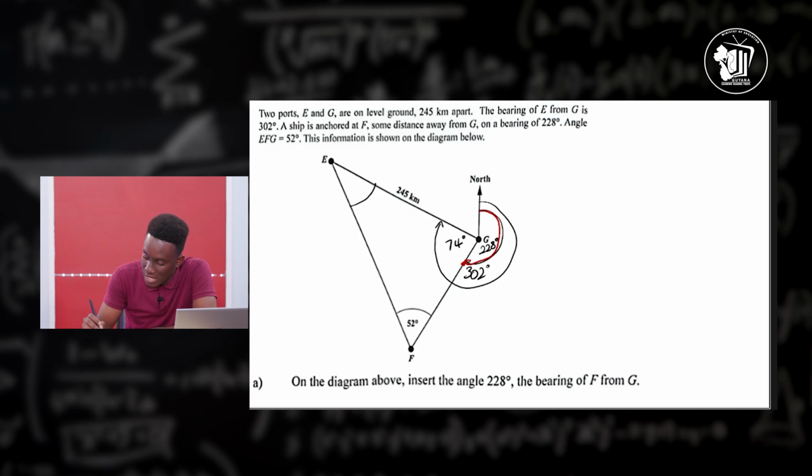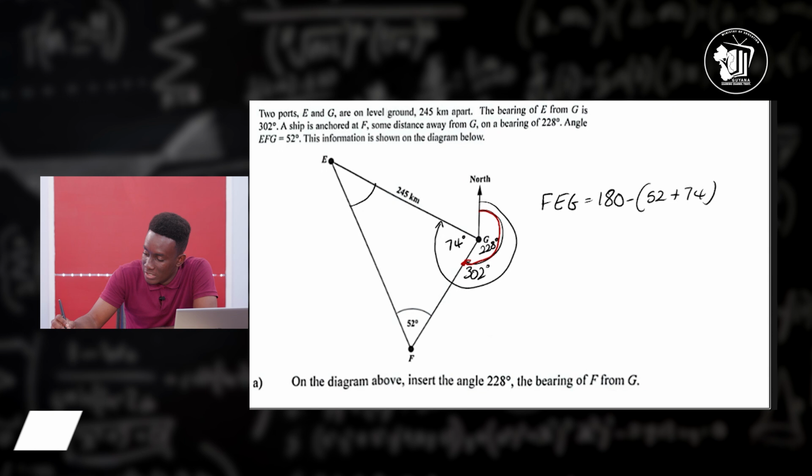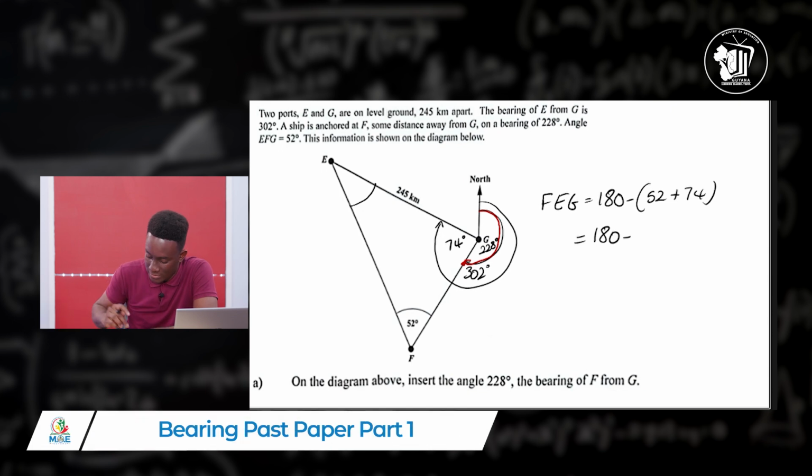So we know this piece here would be 74 degrees. They want us to determine the angle FEG, which would be this piece here. We know the number of degrees in a triangle is 180, so FEG would simply be equal to 180 subtract 52 plus 74.